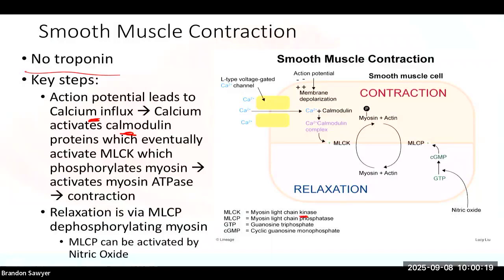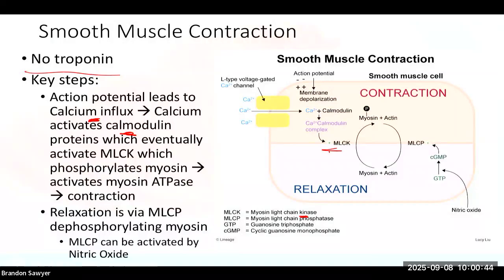That myosin light chain kinase is what's going to cause the phosphorylation of the myosin head. So similar, we still need to phosphorylate the myosin head, we just have a different mechanism of doing it. That's going to lead to contraction and shortening. Once we decrease that signal, the calcium decreases, and we decrease the activation of myosin light chain kinase.